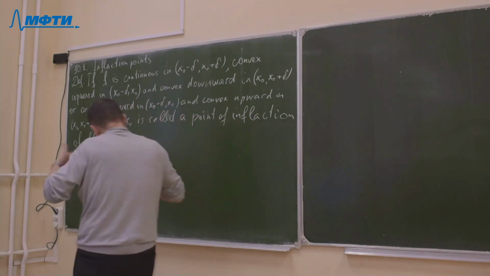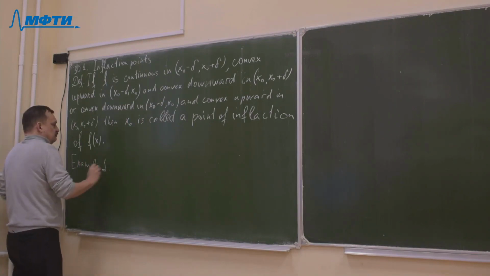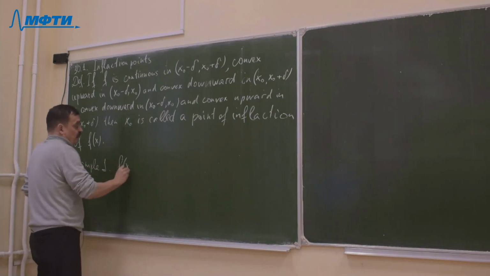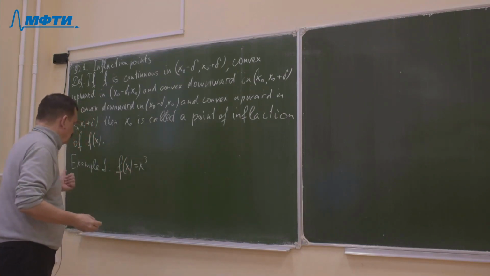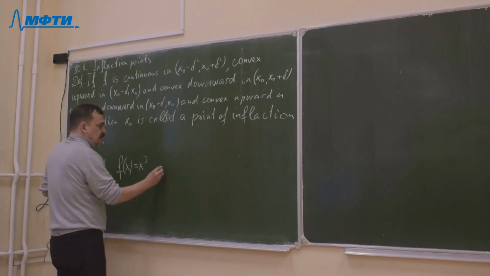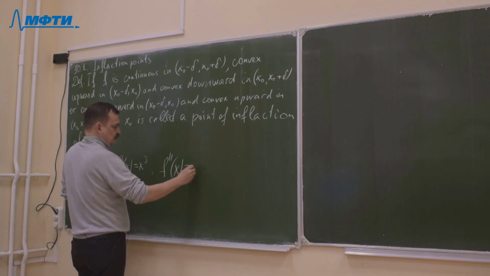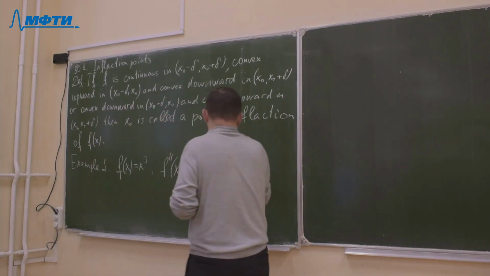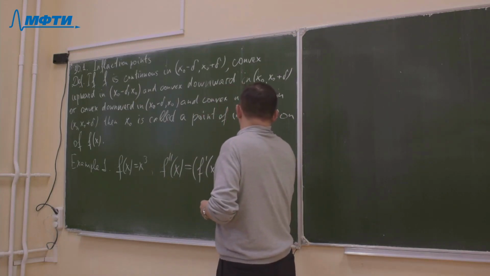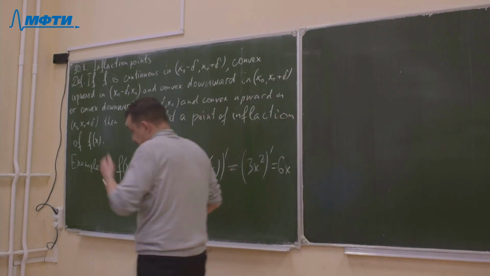Okay, firstly, a trivial example, example 1. Consider f of x equals x cubed. If we take the second derivative, the first derivative of the first derivative, (3x squared) prime, or 6x.